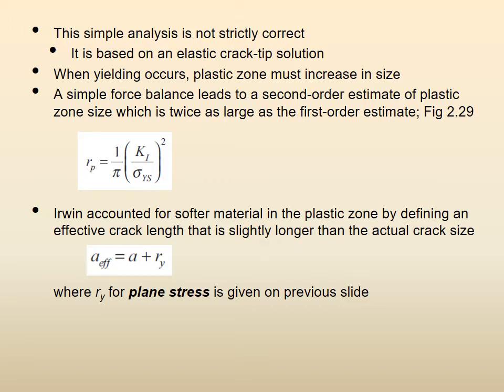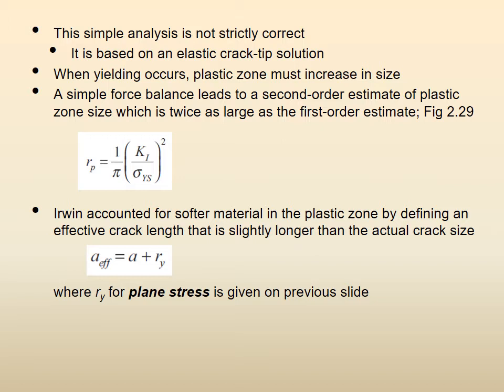You see, they are saying that there is a crack size, and then because of some plasticity, some ductility in the material, at the tip of the crack there is yielding, and there is an Ry, a radius of the zone where the yielding or the plasticity occurs.